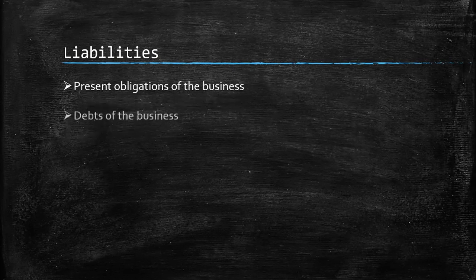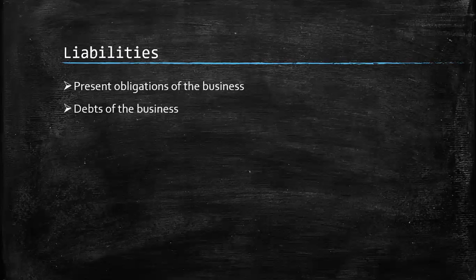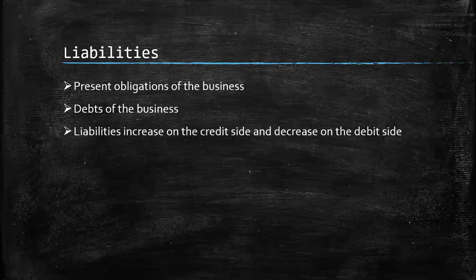In simple terms, the debts of the business, what the business owes to other organizations or individuals. Liabilities, just like equity, they increase on the credit side and decrease on the debit side.